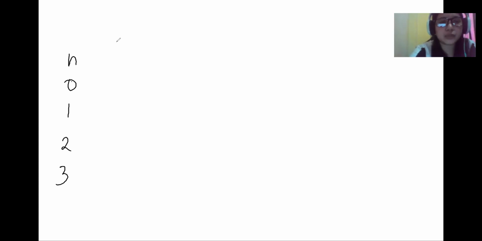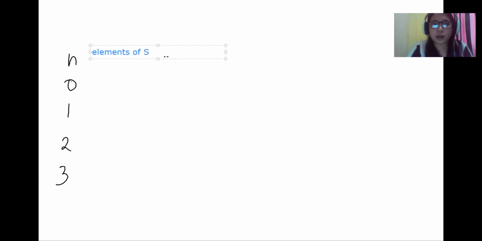What are the elements of S? And what are the subsets of S?